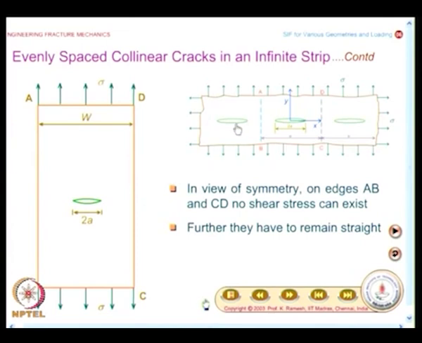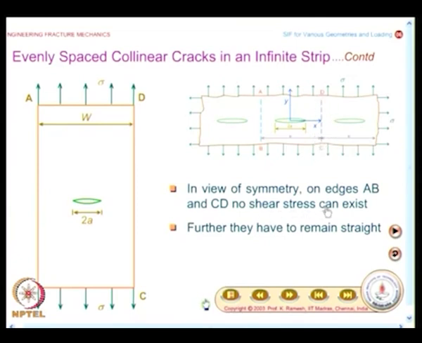You have evenly spaced collinear cracks, and I take lines AB and CD which are in between the two cracks. From arguments of symmetry, they have to remain straight. If you have shear stress, they cannot remain straight.